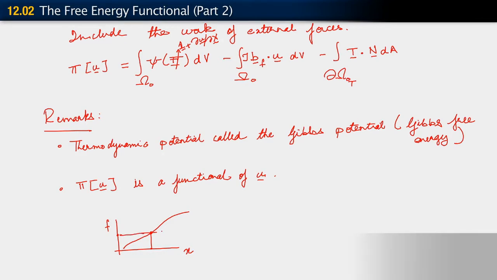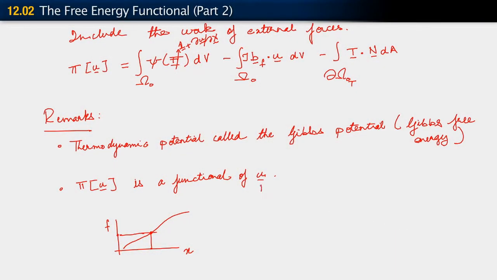A functional is different. In 1D, or even in 3 dimensions, a functional is an object to know which you need to know an entire function u. So a functional pi is a functional of u, where u, in this case, can be a function of little x and time.